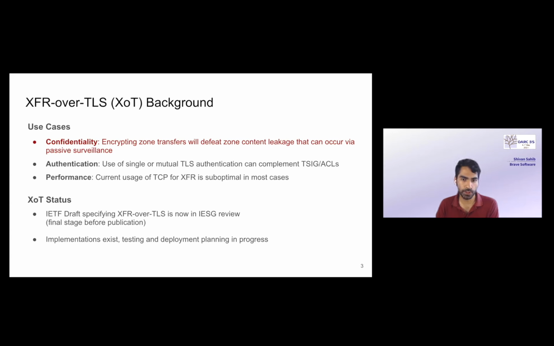Authentication is a big one, so we can use single or mutual TLS authentication between the client and the server, the primary and the secondary, which can complement TSIG and access control lists. And also performance, because the current usage of TCP for XFR is often not great, and we'll go into that in a little more detail.